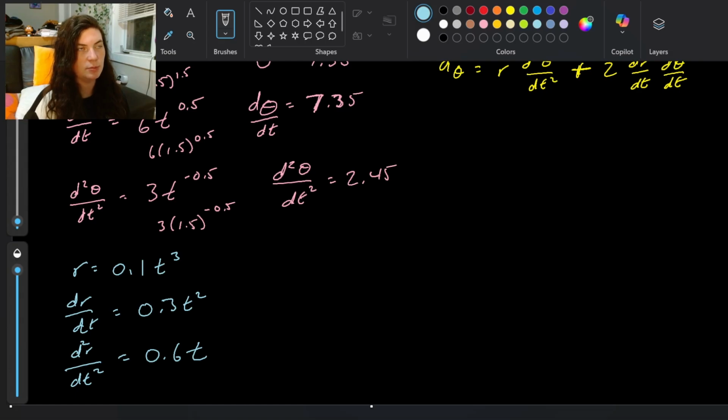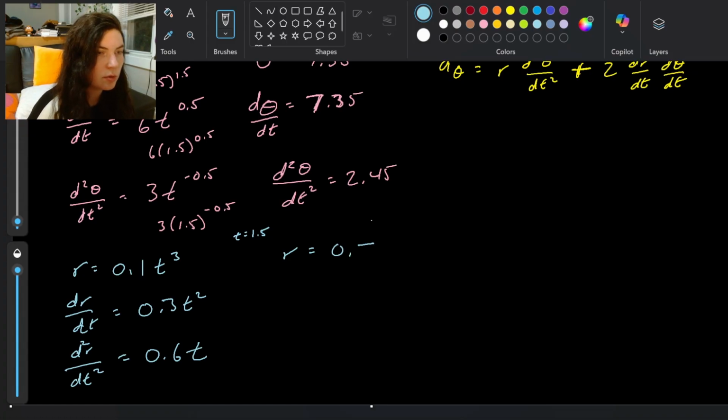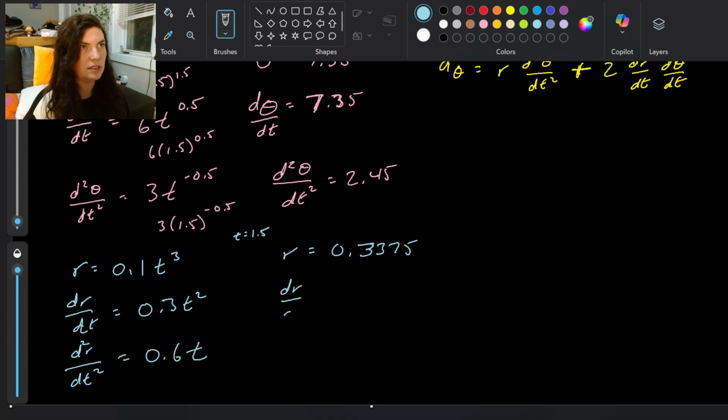is 0.6 times t. So now I can plug in that t equals 1.5 for all of these, and I'm going to get r is 0.375. dr dt, if I plug in the 1.5 for t, is 0.675.